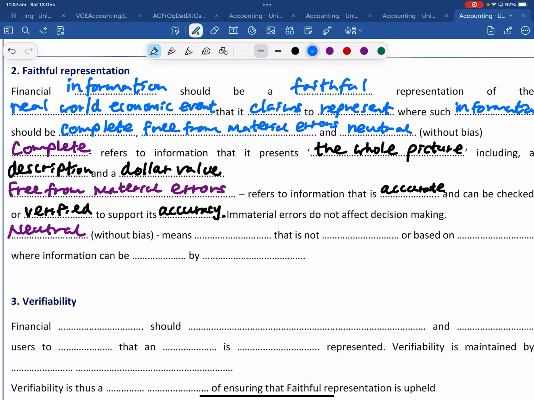Without bias means information that is not subjective or based on estimates, where information can be verified by source documents.